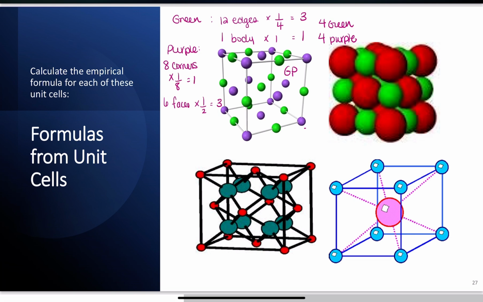Let's do the red and green one. If I look here, I've got 1, 2, 3, 4, 5, 6. It's hard to see, but I've probably got 7 and 8. I can see the corners.